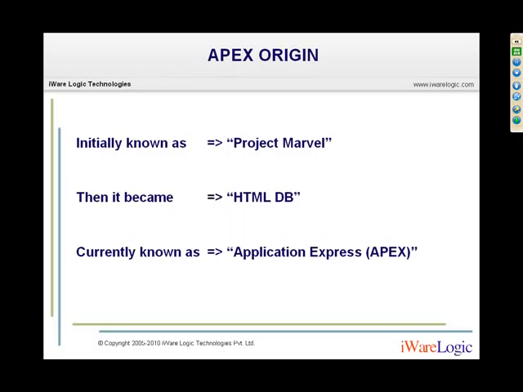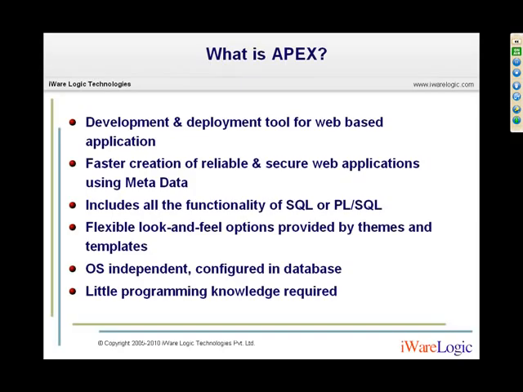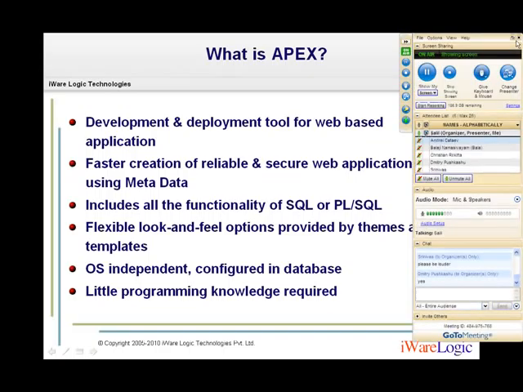So this was about the origin of Apex. These are again some features which we have already discussed about Apex. As we have seen, the speed of creating applications is much faster in Apex.